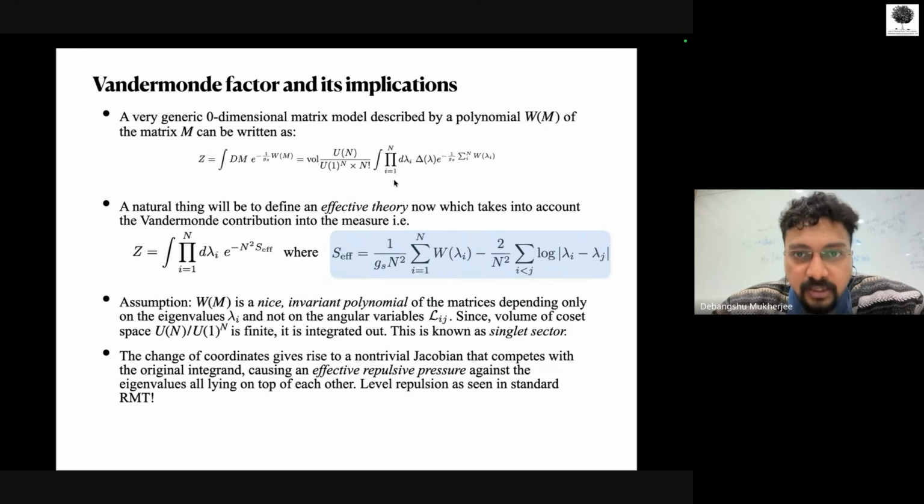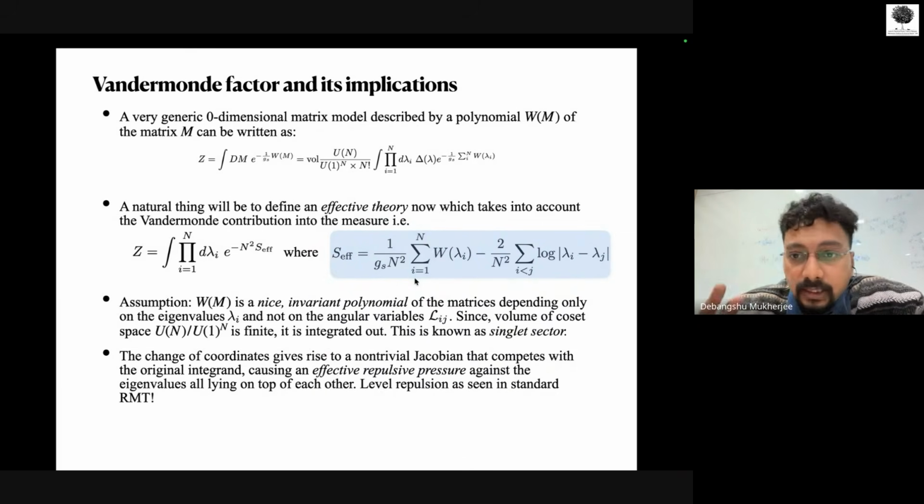Now, the other curious thing that we got was this Vandermonde factor. So the most natural thing to do would be to define an effective theory in terms of this Vandermonde factor. What you do is you simply take this, raise it to an exponential and define an effective theory. All you have to do is simply write this expression, plug in the expression of delta, write it in this form. This effective theory looks somewhat like this.